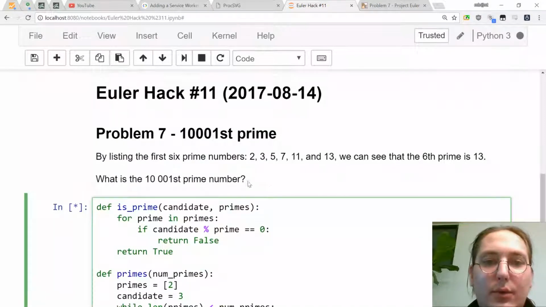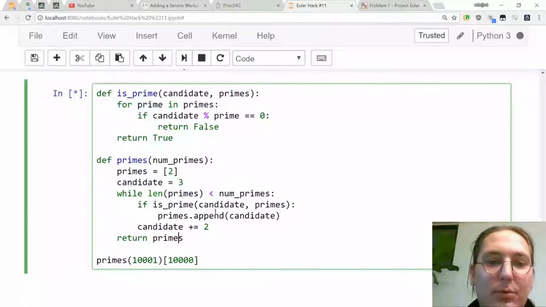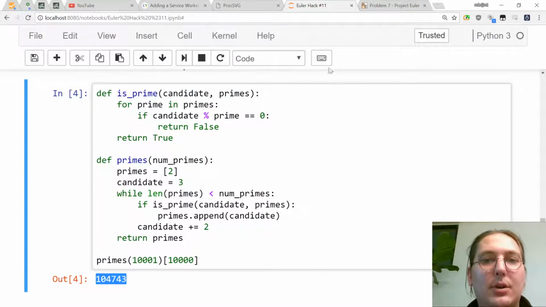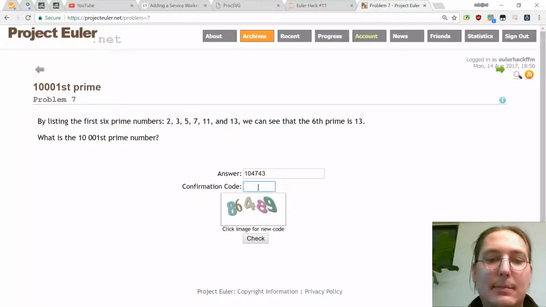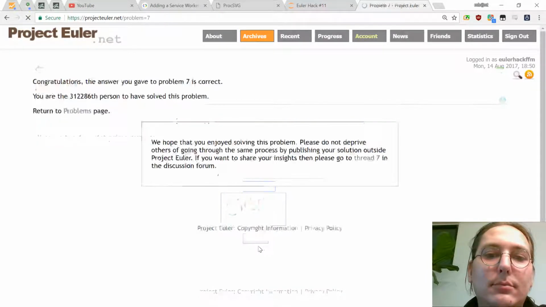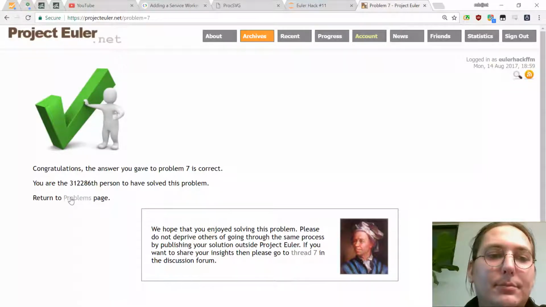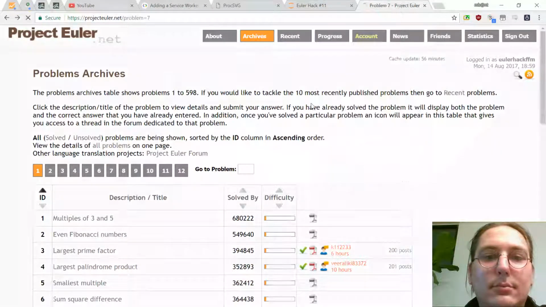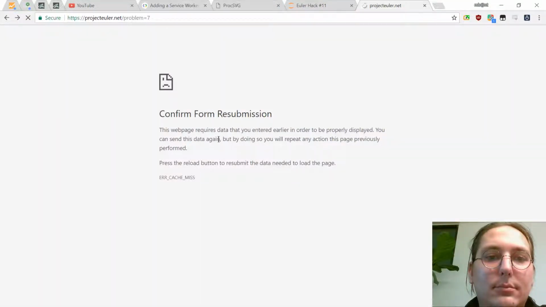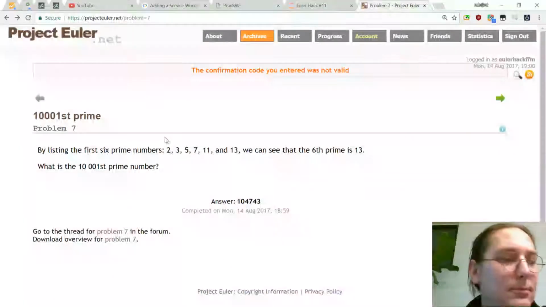Oh, it's quite slow for just this low number of primes actually, but I guess it's enough. This last one is enough.